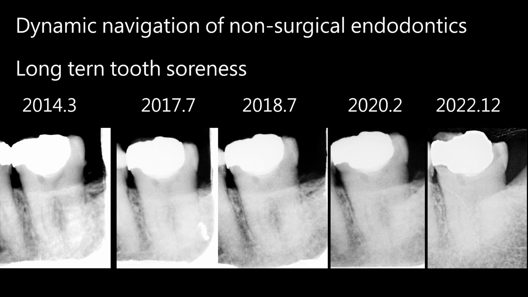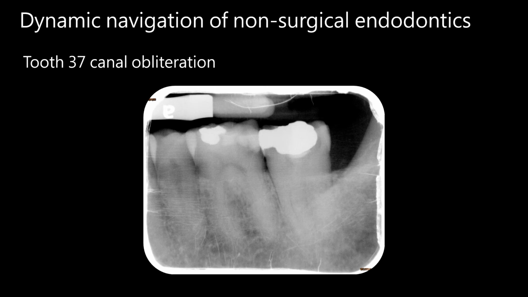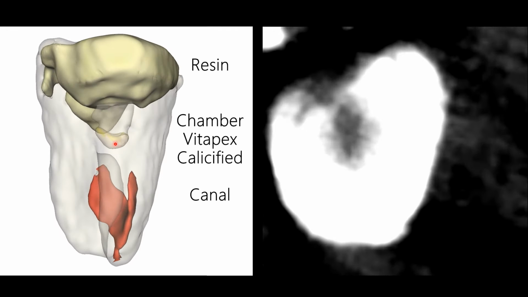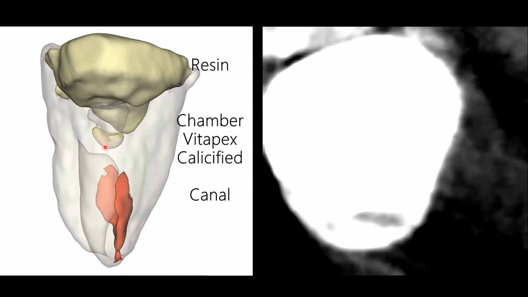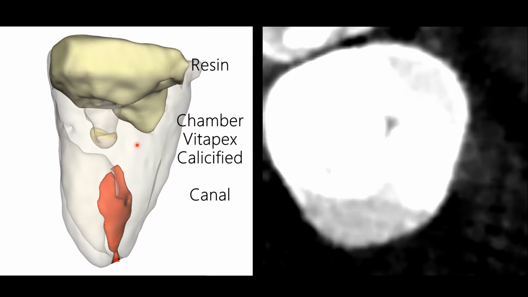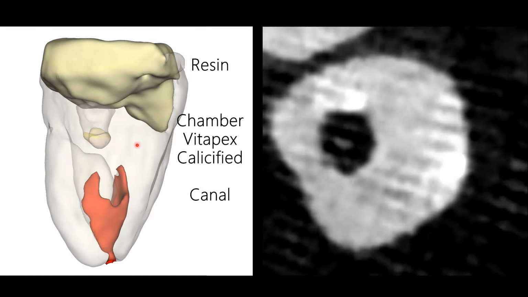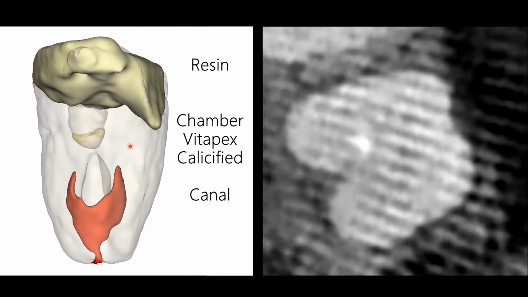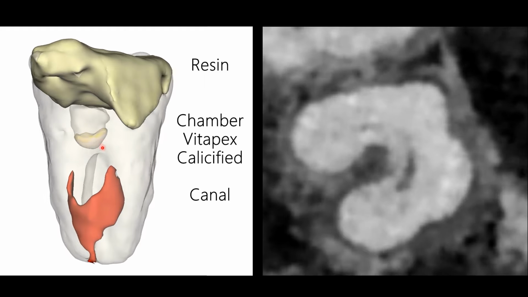After I opened the tooth, I could not find the root canal at all under the microscope. This yellow part is what I put after I drained the pulp, and I felt I could not find it, and I thought I was going to perforate here. So I put a little bit of Vitapex for the radiopacity here, and took a CBCT.